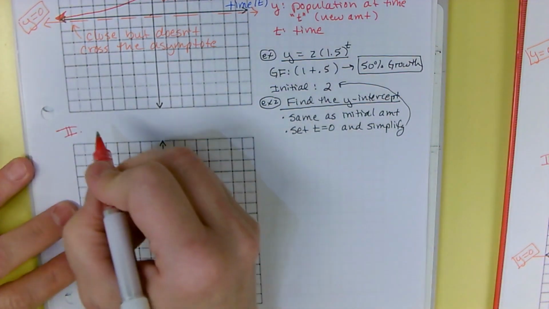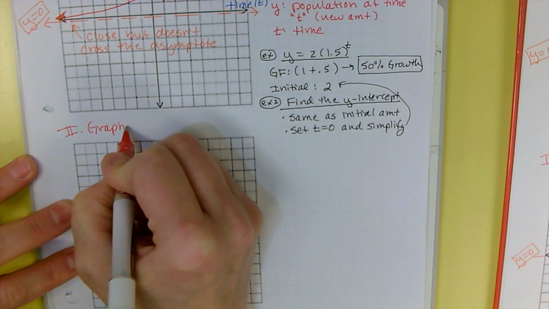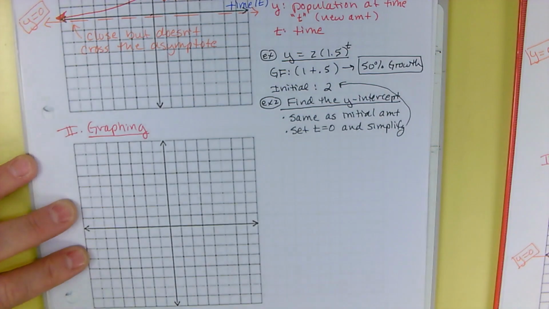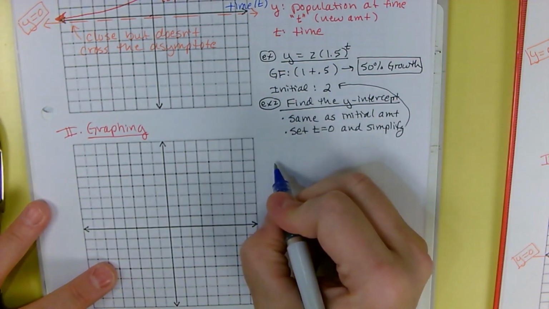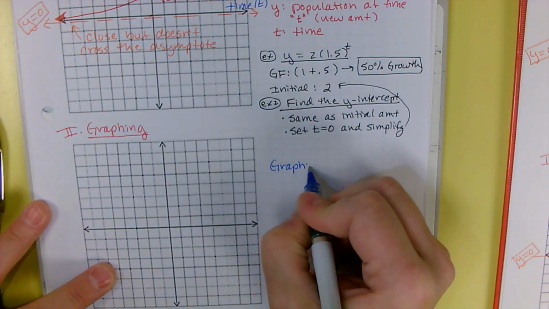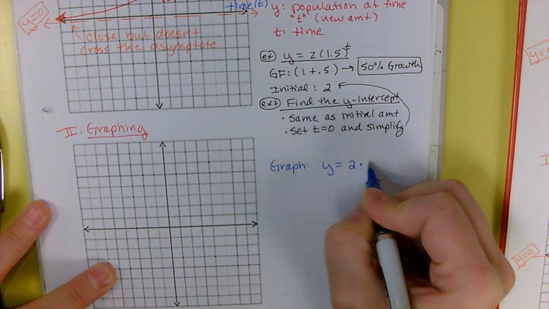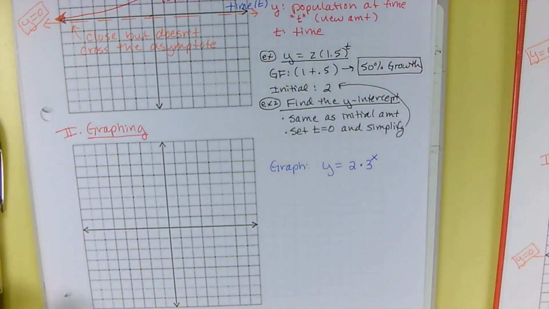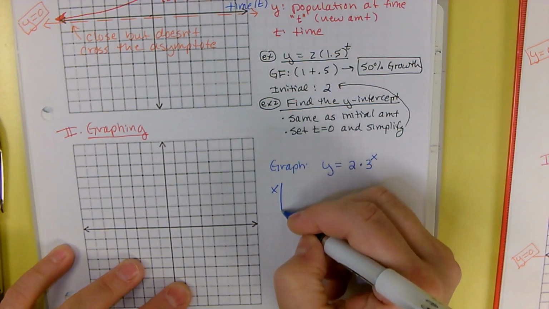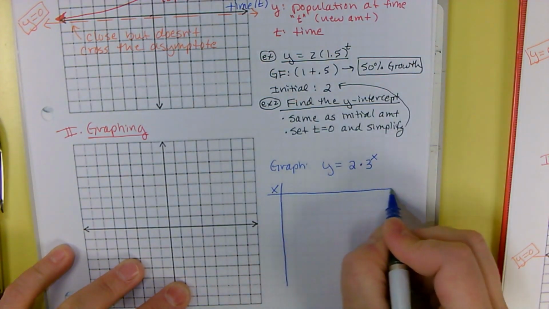All right, Roman numeral 2, graphing. We are going to graph y equals 2 times 3 to the power of x. So we're going to make an extended H chart.